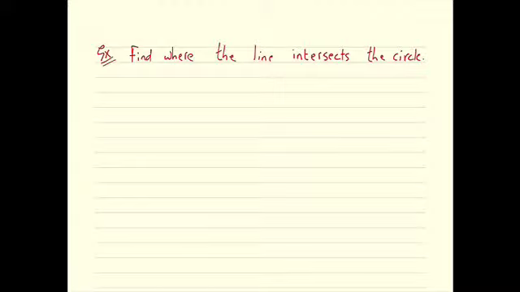The line is 2x plus y equals 7. The circle is x squared plus y squared equals 10. So these are the equations.